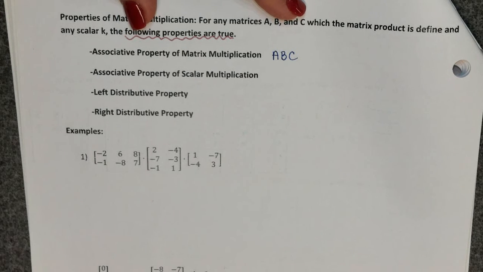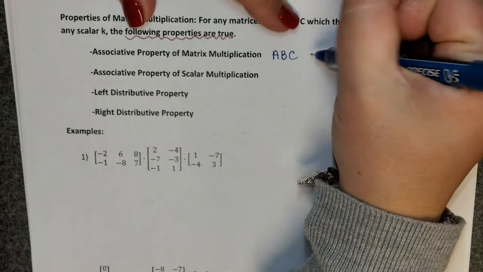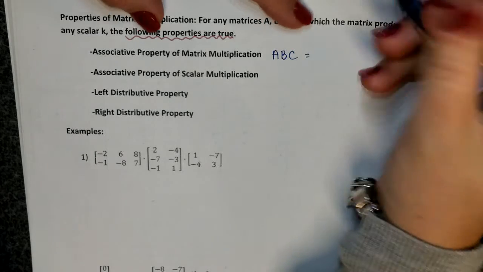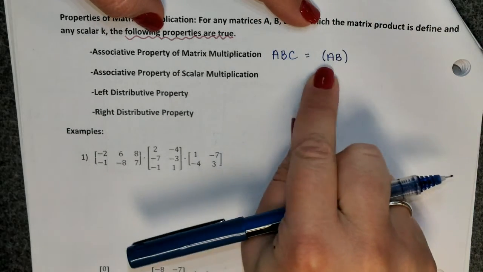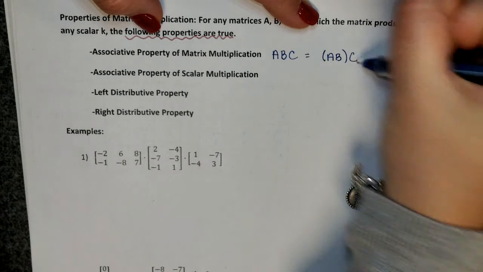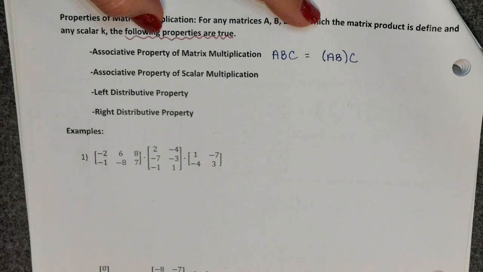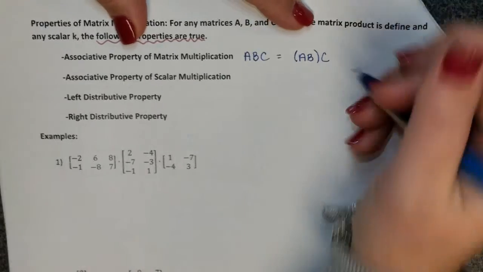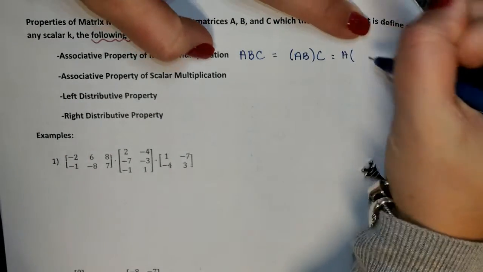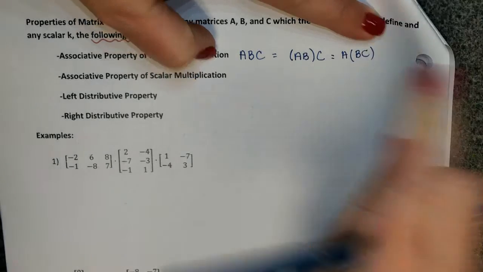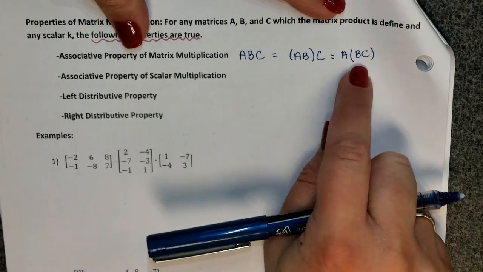You could do this a couple different ways. You could group A with B, multiply these 2, and then take that answer and multiply by C. Or you could leave A outside and multiply B times C first, and then take A times that answer.